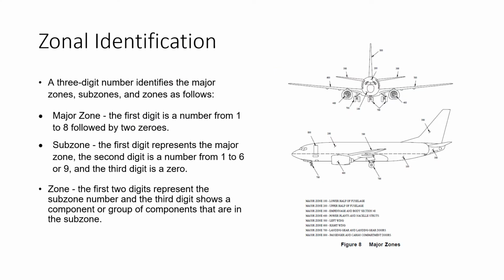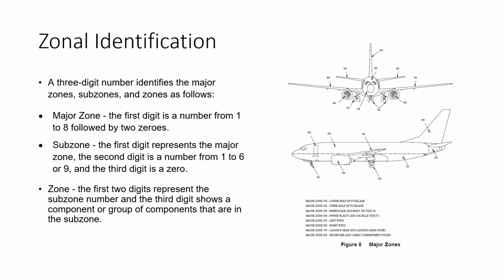When you look in the aircraft maintenance documentation, quite often you'll find zones identified with a number, and this is fairly standard. They're using the standard ATA system of zonal identification and numbering. So for zonal identification, we have a 3-digit number which identifies the major zones, the subzones, and zones as follows.